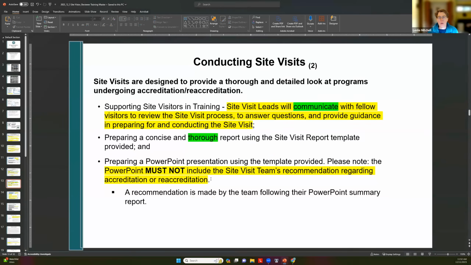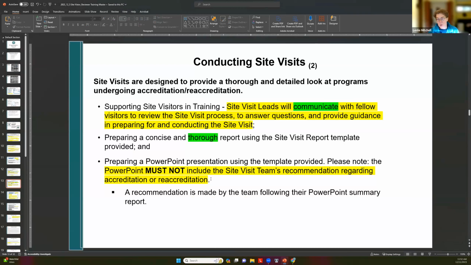Site visit leads will communicate with fellow visitors, review the process, answer questions, and provide guidance in preparing for and conducting the site visit if you have any.